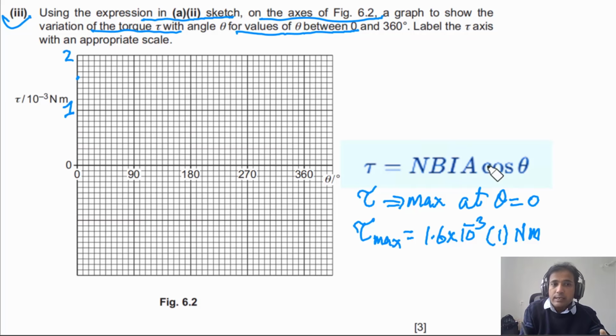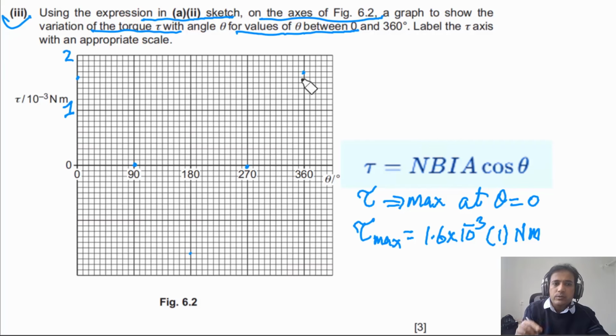And at cosine of 90, it has to be 0. At 180, it has to be maximum but negative, 1, 2, 3, 4, 5, 6, so about this point. At 270 it is 0, and at 360 it is maximum, so 1, 2, 3, 4 at this point.